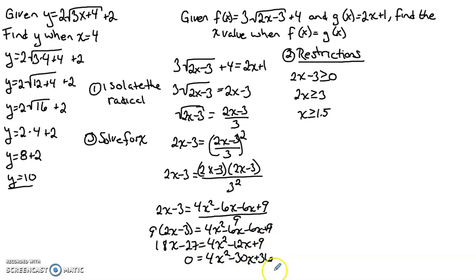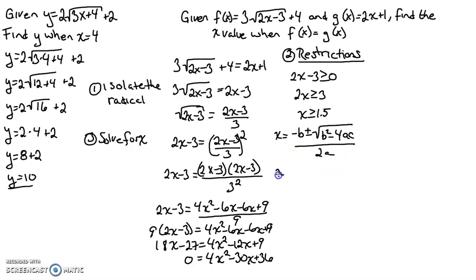So at this point, we can either factor or we can use the quadratic formula, depending on your comfort level with factoring. Let's use the quadratic formula just as a reminder of what that looks like. So x equals negative b plus or minus the square root of b squared minus 4ac all over 2a.